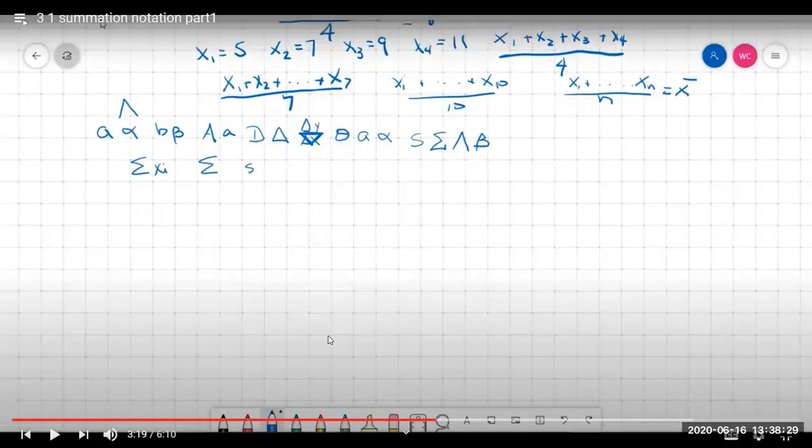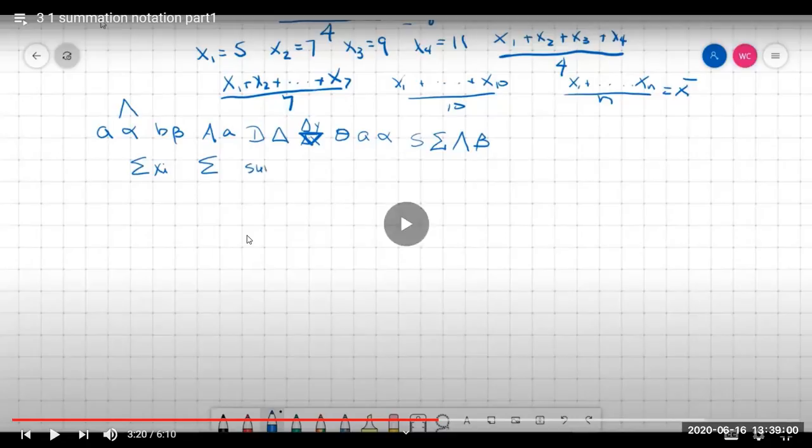Why do we use sigma? Why don't we use gamma here, or delta, or alpha, or theta? We could have chosen all kinds of letters. Why did they use sigma here? Okay, let's see why. Because S means sum.